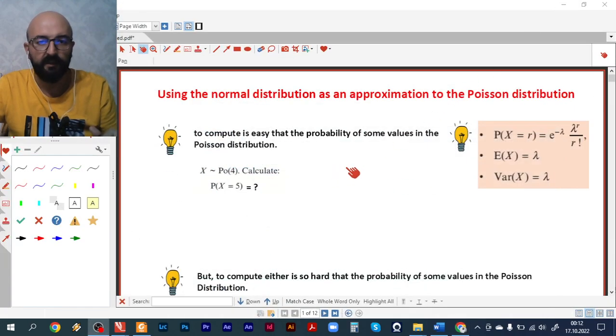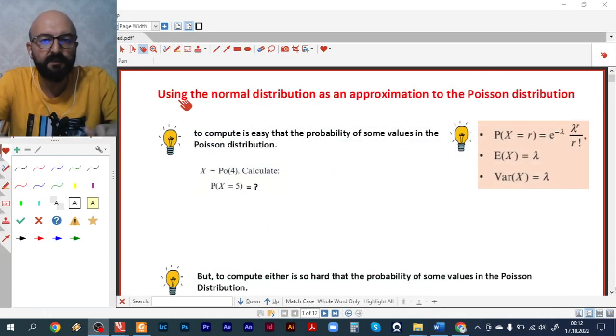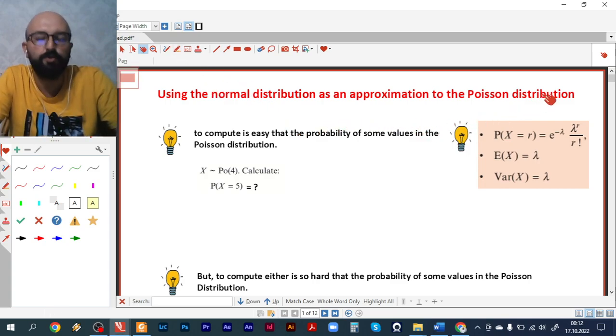Now, using the normal distribution as an approximation to the Poisson distribution. In this topic, please remember that computing the probability of some values in the Poisson distribution is easy.